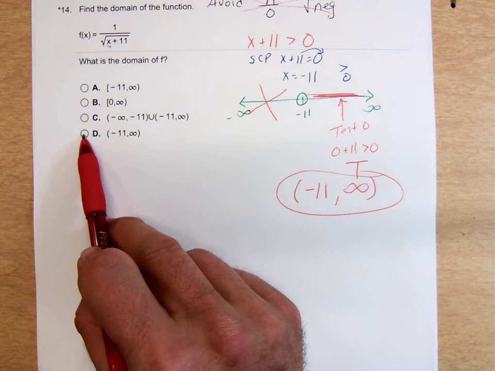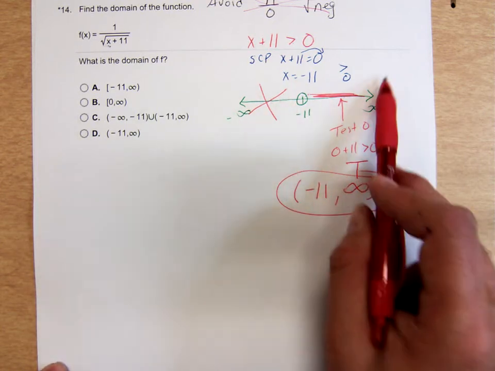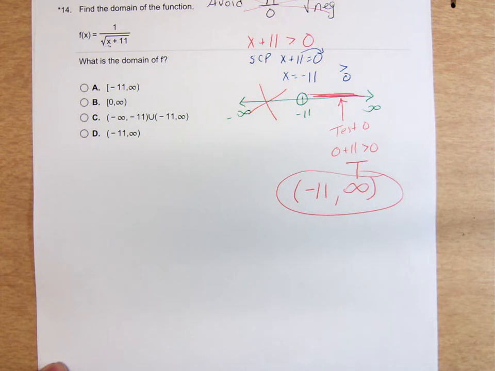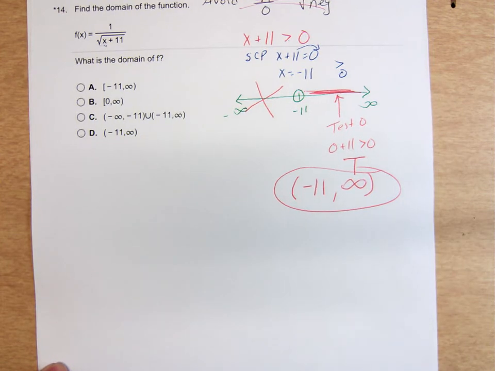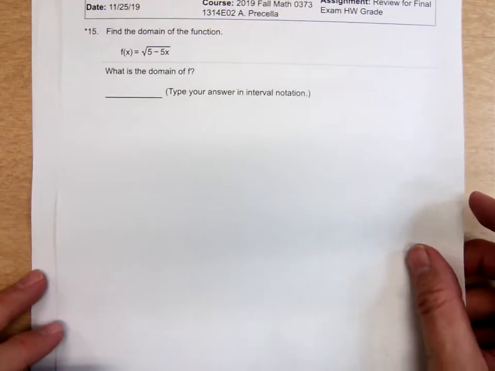Seems a little strange or difficult just because it's such an easy cut point problem. There's nothing quadratic, no factoring or anything. Might be worth our time to compare that one and number 15, which doesn't have the fraction.